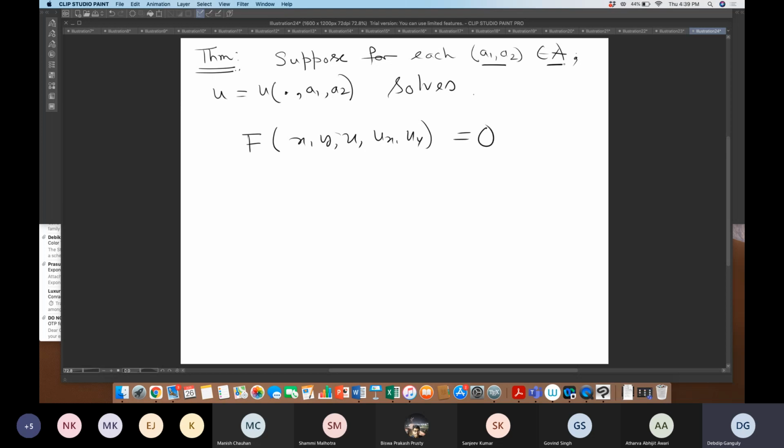So for each a in the open set, as you have seen in the example, it solves this PDE.